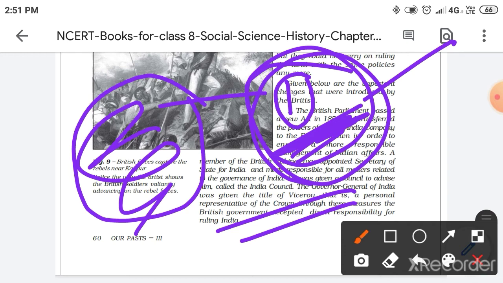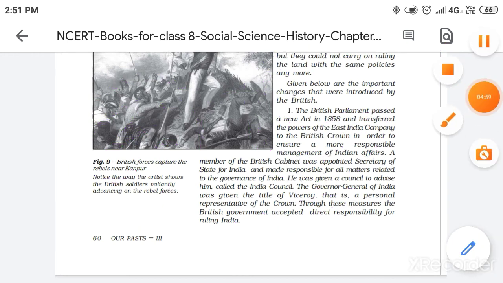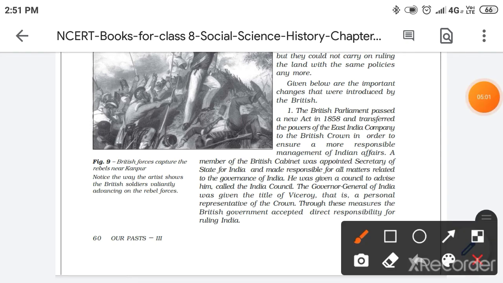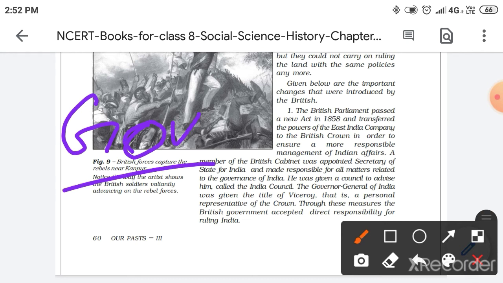Now the third thing in this point is about the Governor General. We have learned about the Governor General till now, right? Now this Governor General post was converted into Viceroy.